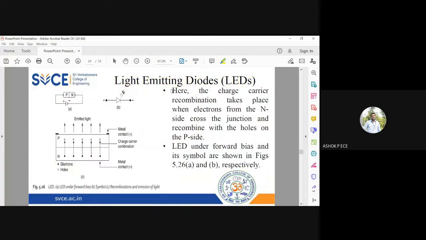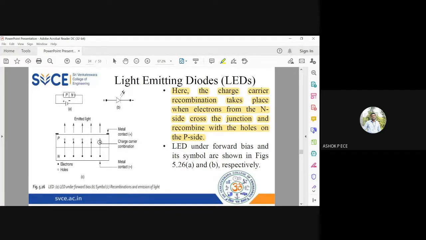So here charge carrier recombination takes place when electrons from the N side cross the junction and recombine with holes on the P side. In a forward-biased PN diode, the depletion region width is very, very small. So the majority carriers on both sides will cross the depletion region very easily under the slightest forward bias voltage you give, and this results in recombination of electrons from the N region and holes from the P region.